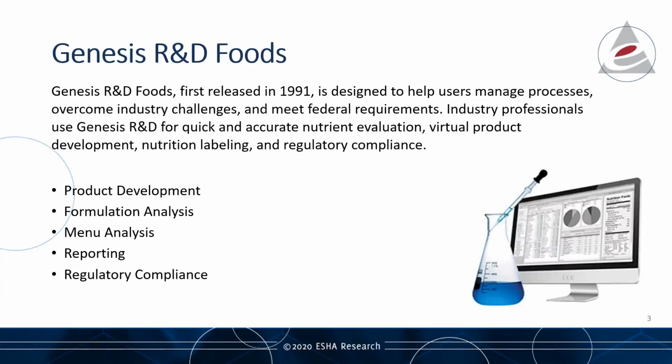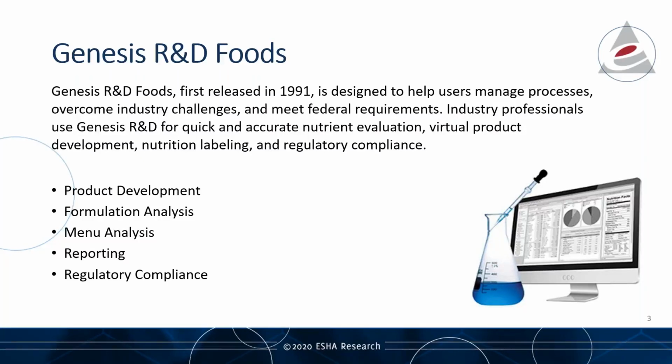As I mentioned, today we're discussing specifically Genesis R&D Foods. And Genesis was introduced in the early 90s to address the NLEA labeling regulations and requirements. With Genesis, you can work through your product formulation, work with formulation analysis, so getting that live feedback based on database values and adjustments that you can make to your formulas.